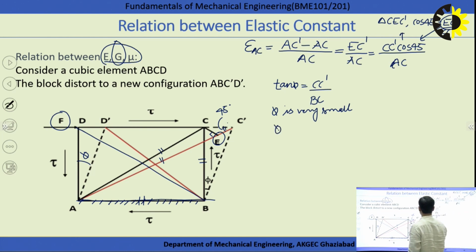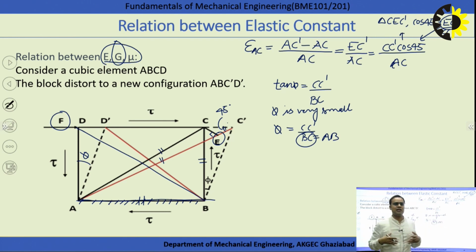So phi will be CC dash over BC. And this BC is also equal to AB, because we are considering a square block, and the sides of the square are the same. So we can write BC is equal to AB.